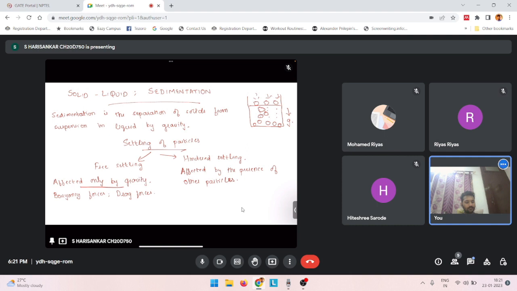Let's say this shaded sugar crystal is settling very slowly because of some factor. The sugar crystal on top of it will also be affected by this slow settling crystal. This is one example of hindered settling. Other factors can also affect the settling. So these are the two different types of settling that we will encounter in mechanical operations. Let us first start with free settling.